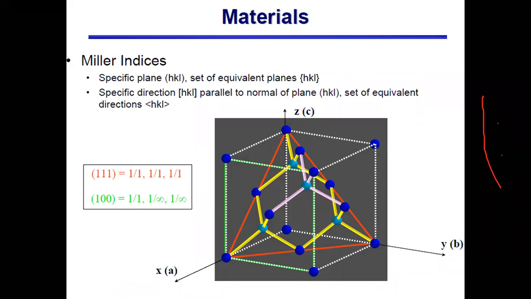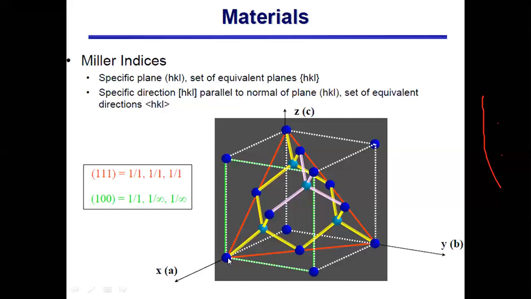Each side of this unit cell or crystal is one. So this plane is cutting the x-axis at 1 because this length is 1.